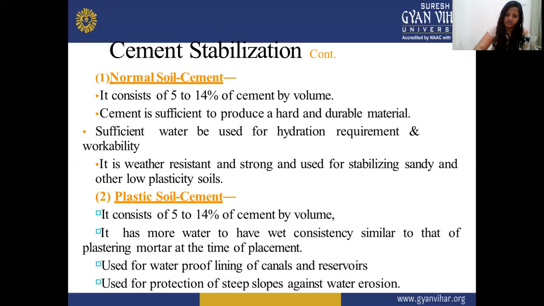We know that plastic soils have a tendency to provide very low permeability, which can be achieved using plastic soil cements. Used for waterproofing linings of canals and reservoirs. Used for protection of steep slopes against water erosion.